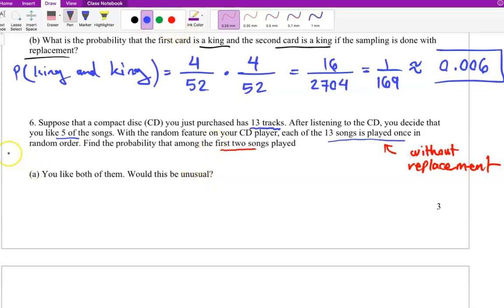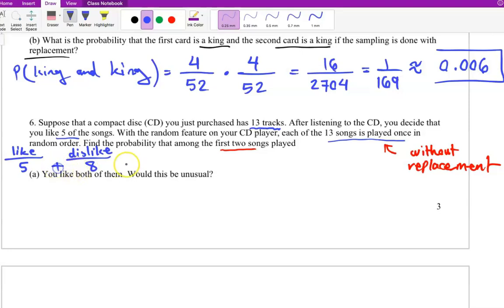So what we have here is the number of songs we like is 5. Dislike is, in total we have 13, so 13 minus 5 is 8.